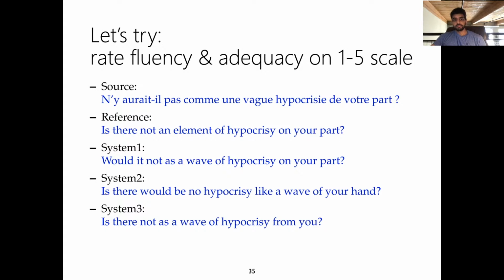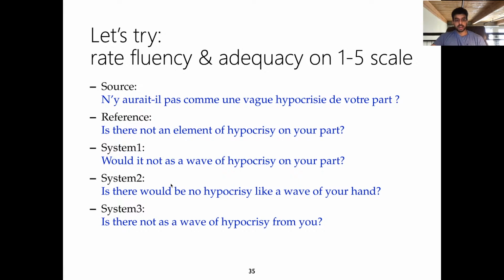So at this point, I would allow you all to vote on these translations, but let's just go through some of them. So we have this French source sentence, and the ground truth translation here, the reference, is: is there not an element of hypocrisy on your part? And so we have three system outputs here.